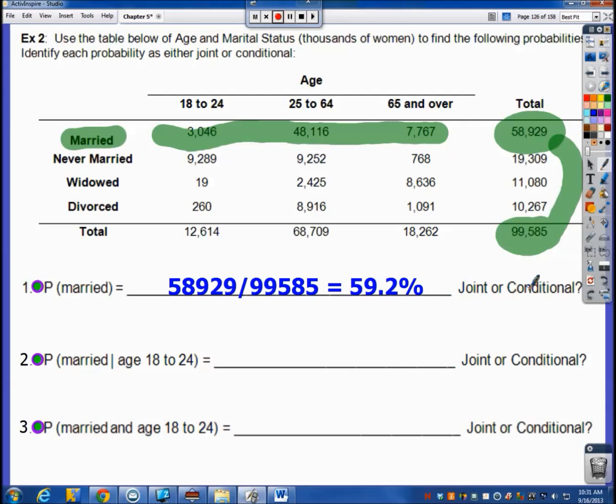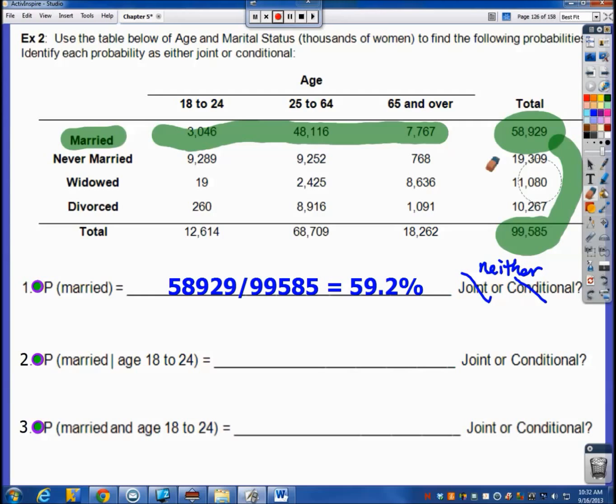Well, conditional means we know extra information here, and they didn't give us any extra information. If it's conditional, then we would see the line with some other information written after it, but we don't see that here. A joint probability is when we have more than one thing happening, and we just have married as one singular event. So really this is neither joint nor conditional. This is just a basic probability.